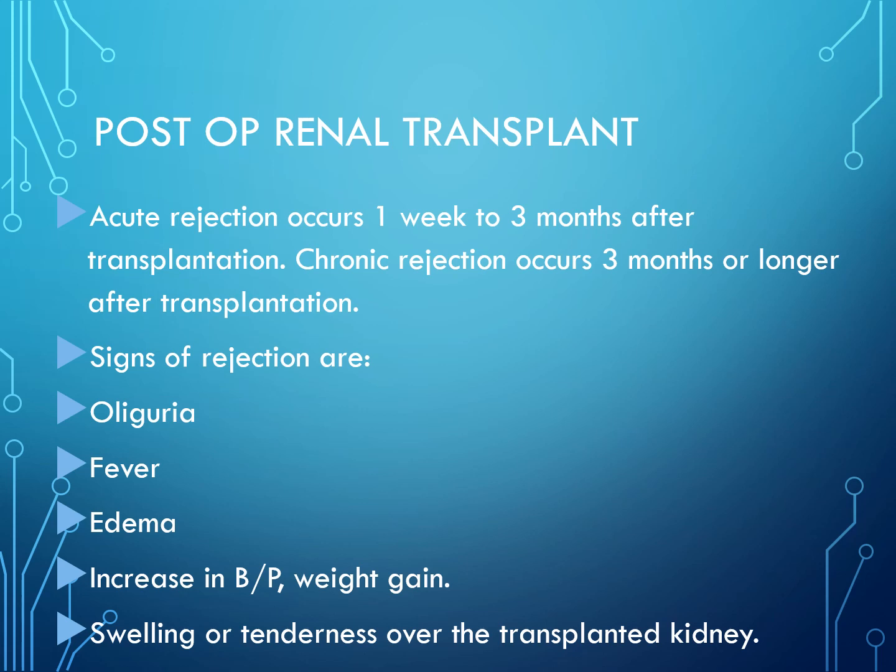And rejection or infection can occur in up to 75% of patients in the first year. Immunosuppressant medications may increase the risk of infection as well. Hypertension can occur after transplantation in up to 70% of patients. And this can be due to the drugs that are given for anti-rejection, such as prednisone, cyclosporine, and tacrolimus.